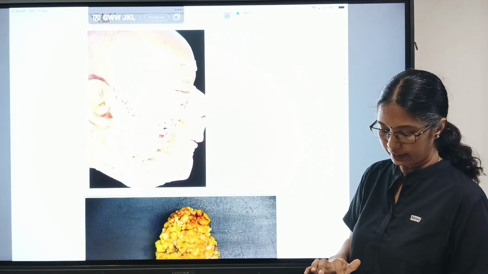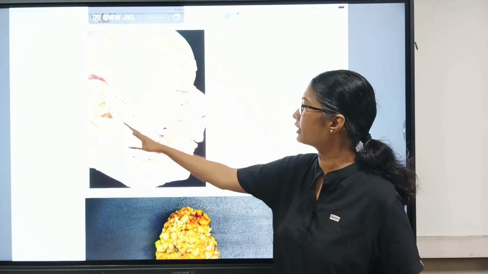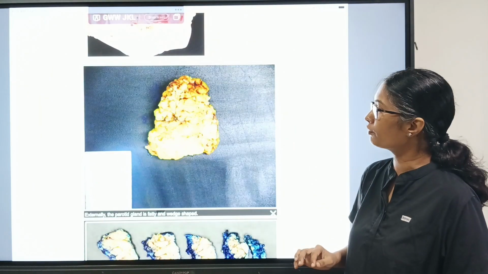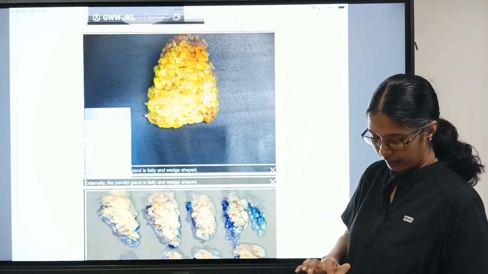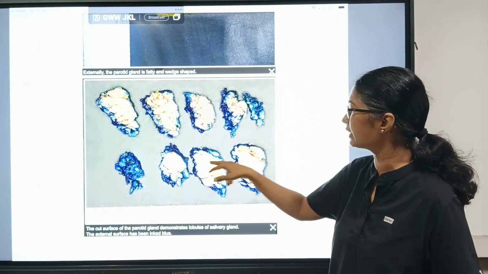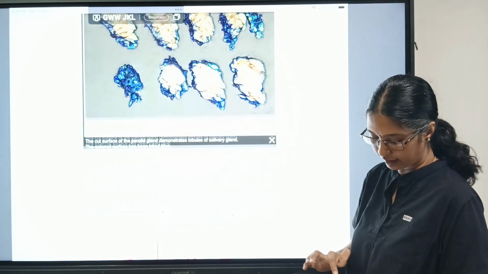I think I showed this picture of the anatomy of the parotid gland in relation to the mastoid process and the posterior part of the ramus, and this is the parotid gland as a whole. When they dissect this, we can see the lobular structures present inside, how these salivary glands develop into lobules, and then they have the intercalated ducts.